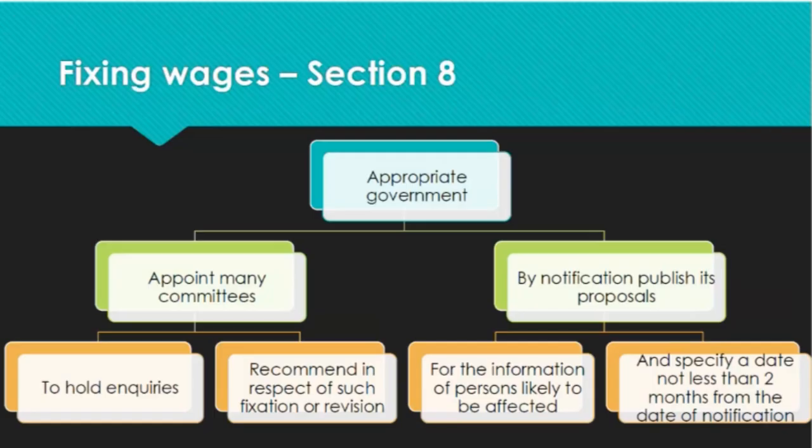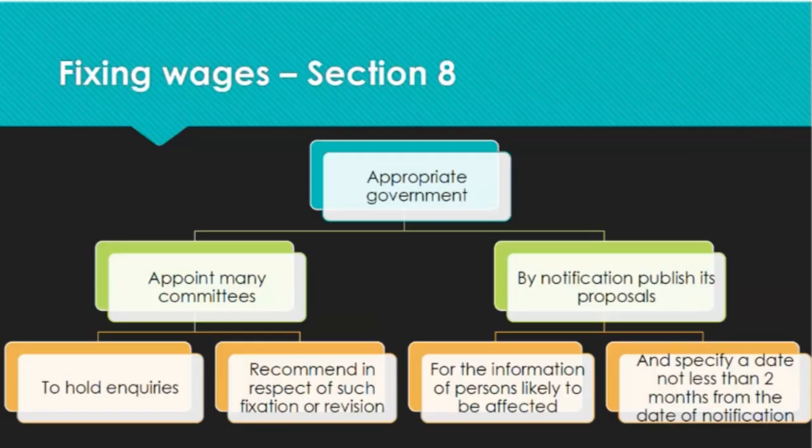They will assess the cost of living. They will assess what is the current wages that is being paid, and then they will recommend fixation and revision of wages. Because the first time it is fixed, every 5 years we need to revise the wages. So they will recommend on fixation as well as revision of wages.